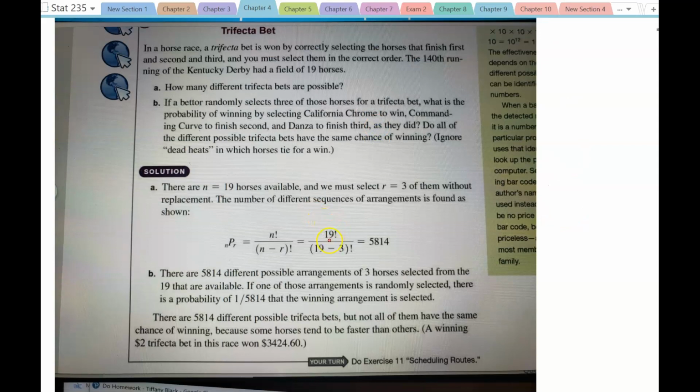But there's 19 factorial ways, and in this case, we do a permutation because the order matters if I pick horse 1, 2, 3, or if I pick horse 2, 1, 3. So without replacement, this is the number of different ways we can do that. This number is going to be 19 times 18 times 17.